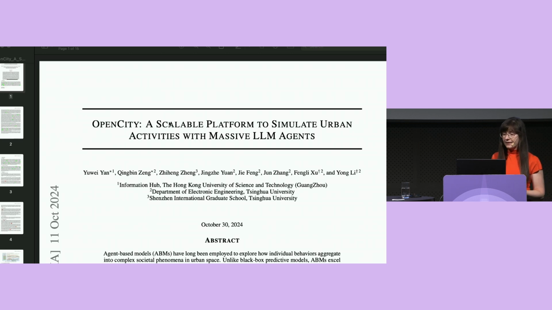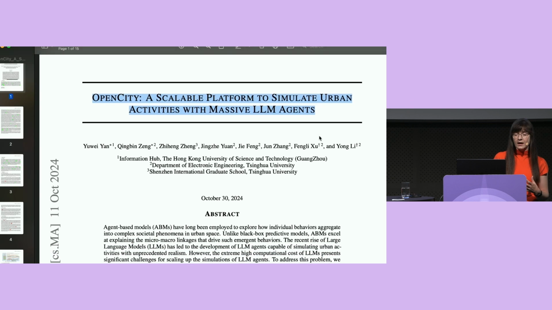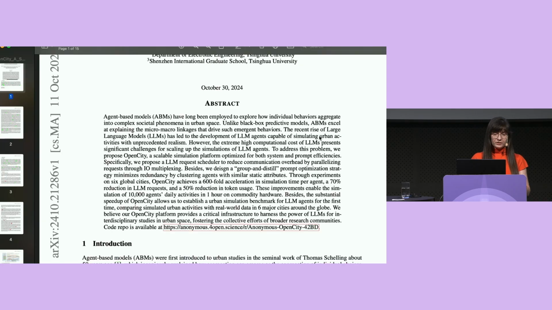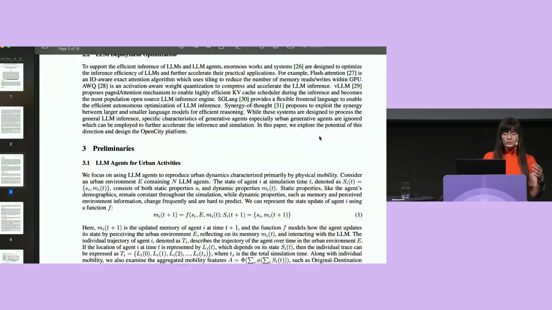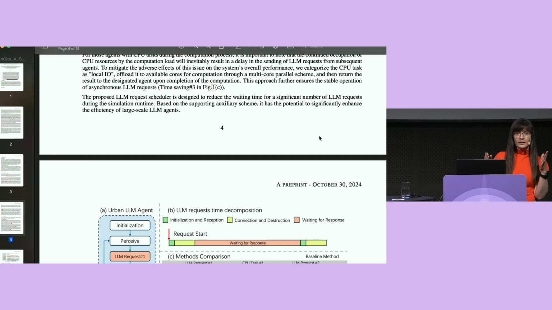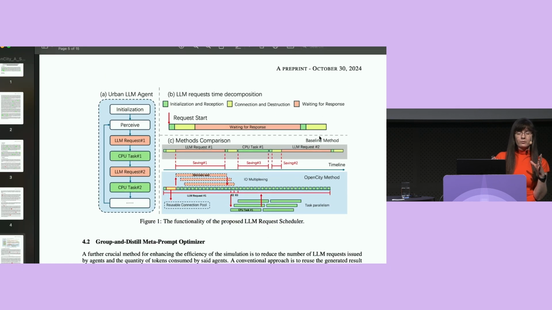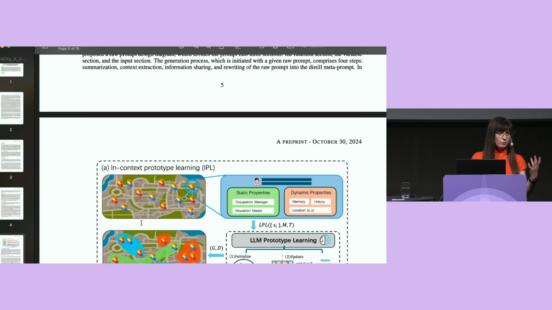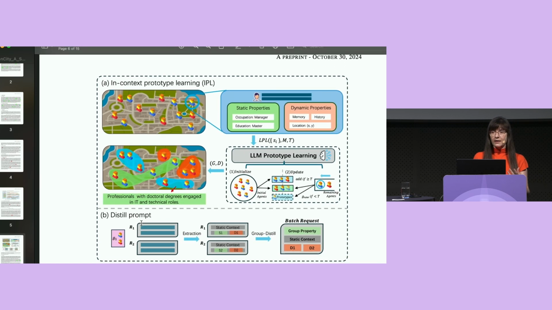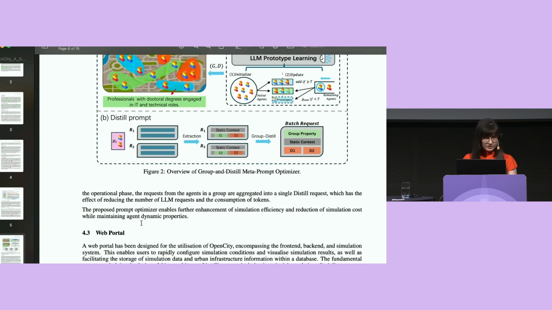In this particular research, OpenCity, their key innovation was to think how they can simulate the activity of that amount of people and still be reasonable with the usage of LLM. Because if you try to send requests per agent with thousands of agents, that actually will not really scale.